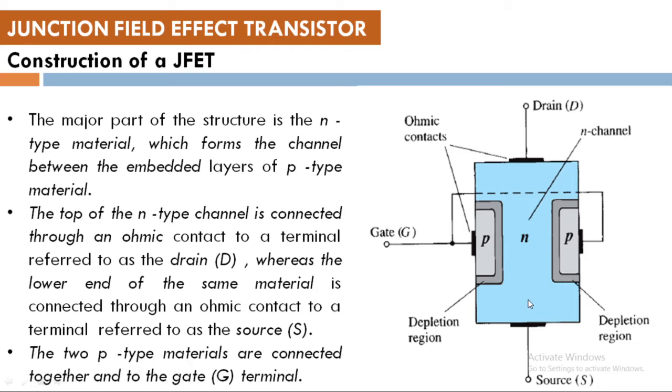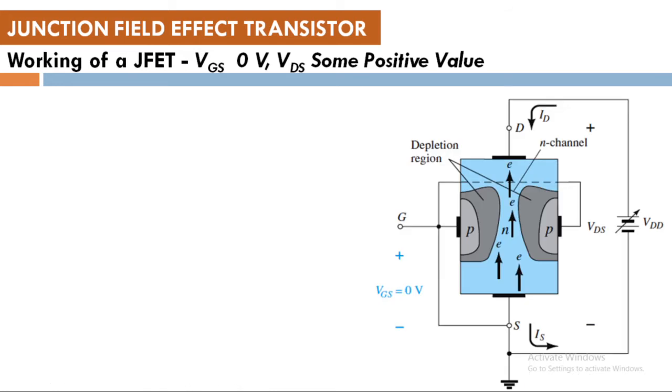Now we will have to understand how this junction field effect transistor works. To understand its performance, we have to connect a variable battery or variable source on the right hand side, which we name VDD. It is connected across drain and source.